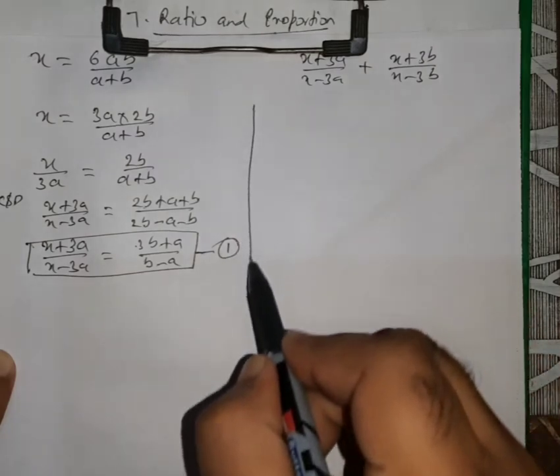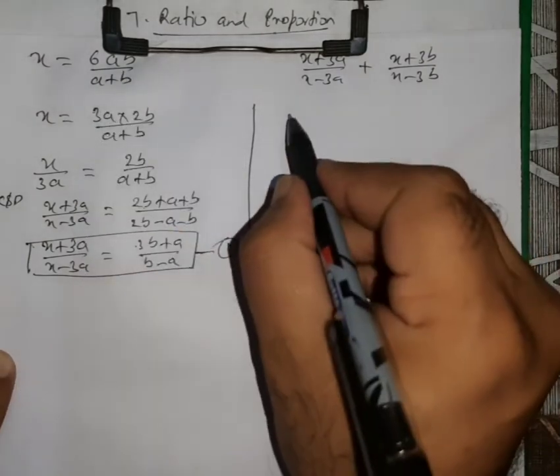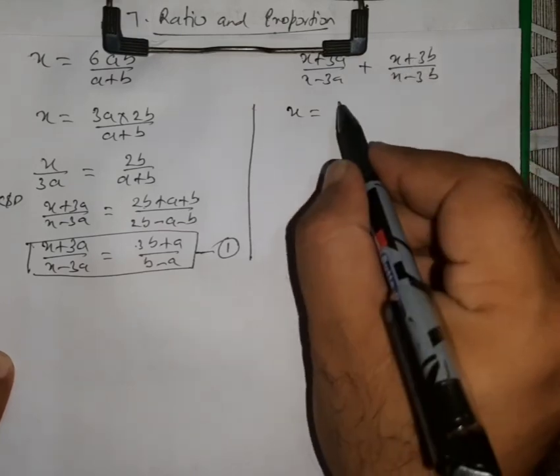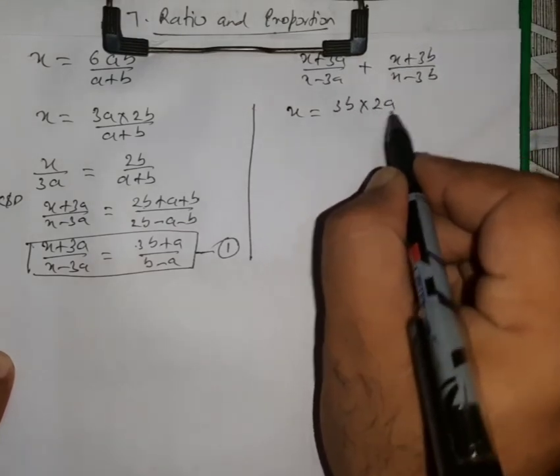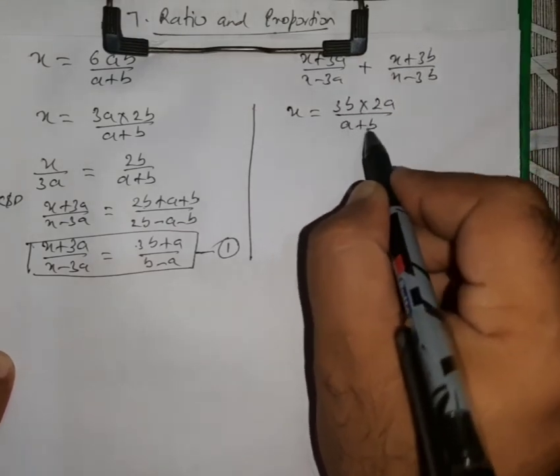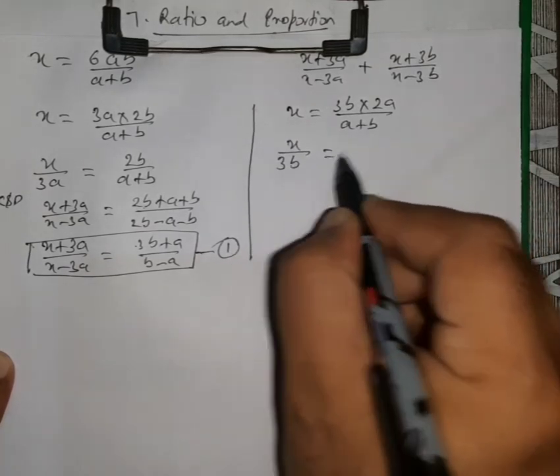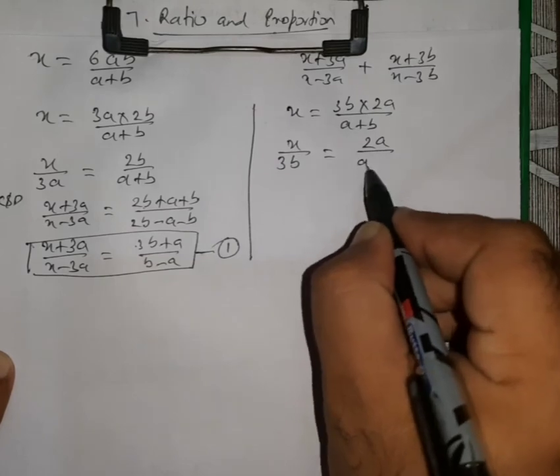Now similarly this can also be written as x is equal to, because here the terms are 3b, so this can also be written as 3b multiply 2a over a plus b. So similarly now I'm taking this here, so x over 3b equal to 2a over a plus b.